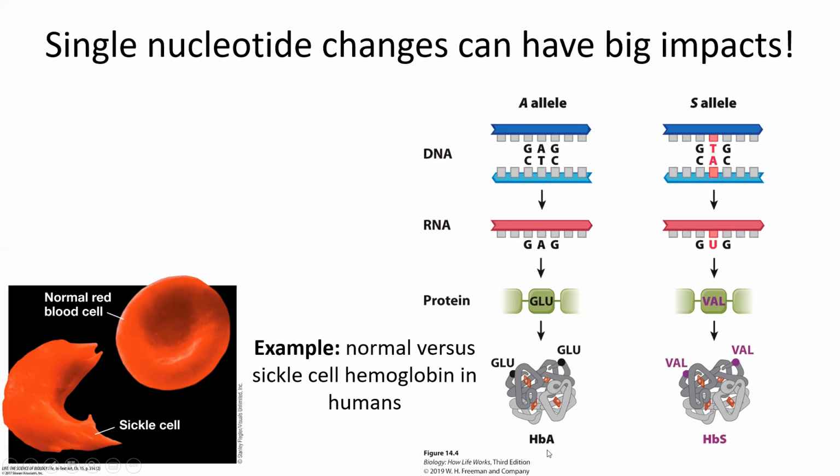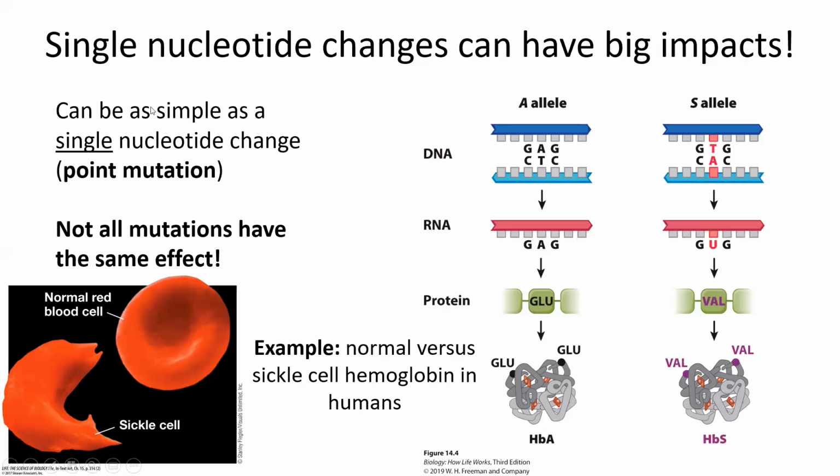This changes the gene, so instead of producing a normal red blood cell, you're going to produce a sickle cell. So one change can have big, big impacts on an individual. Now, not all mutations are going to have the same effect. This mutation really impacts what these cells look like, but other mutations might not have a big impact.